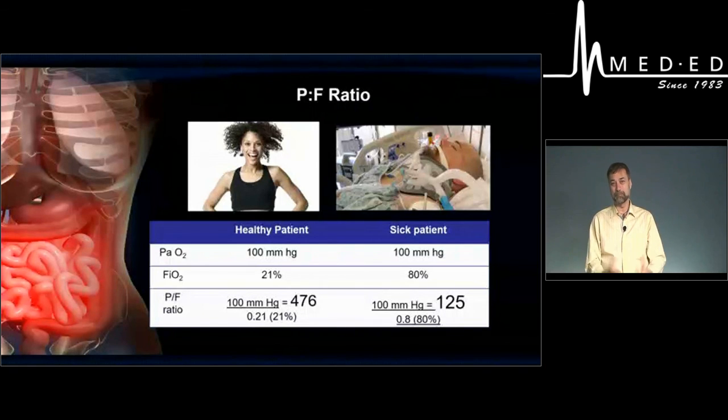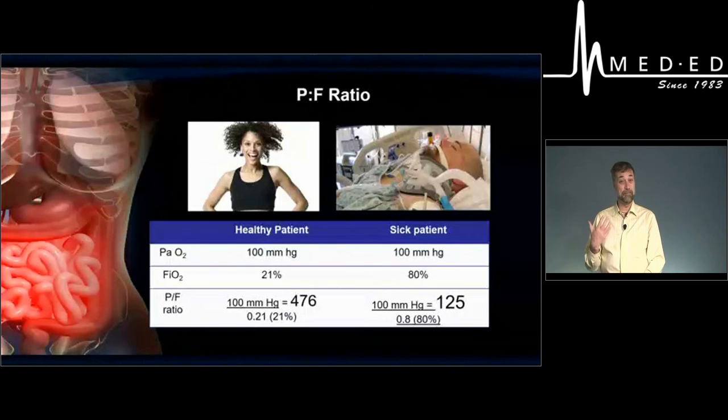Well, 21%, because room air has 21% oxygen. So her FiO2 is 21% and her PaO2 is 100. If we do some simple math, you take their PaO2 as the top number and then divide it by the FiO2, and you get the PF ratio. So 100 divided by 21% is 476.